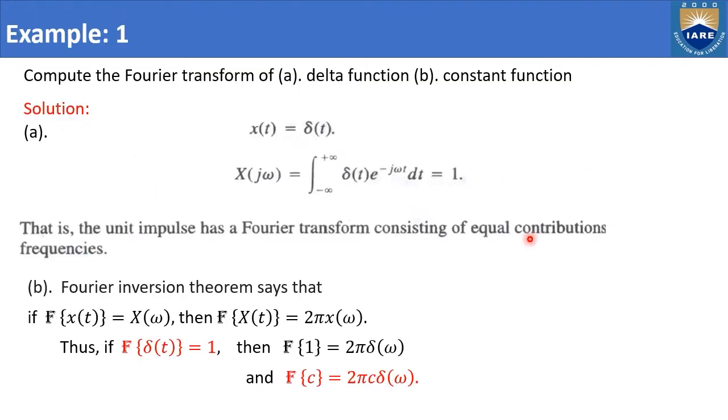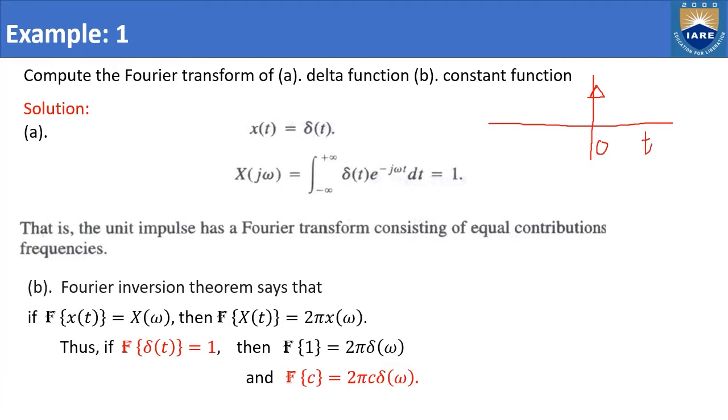So let us start with example 1. Example 1 is to compute the Fourier transform of the delta function and constant function. What is the given signal here? x of t equal to delta of t. What is delta of t? Delta function means the Dirac delta function. This is a unit impulse which exists at t equal to 0. At other places it is 0.